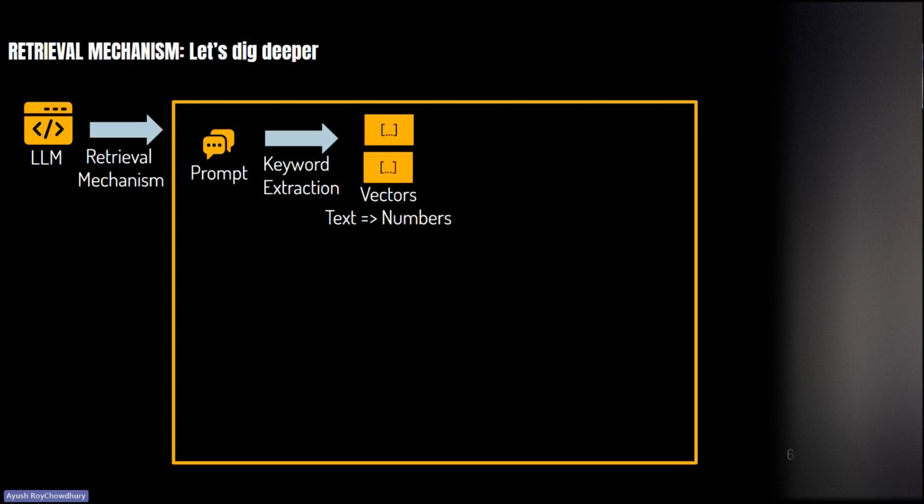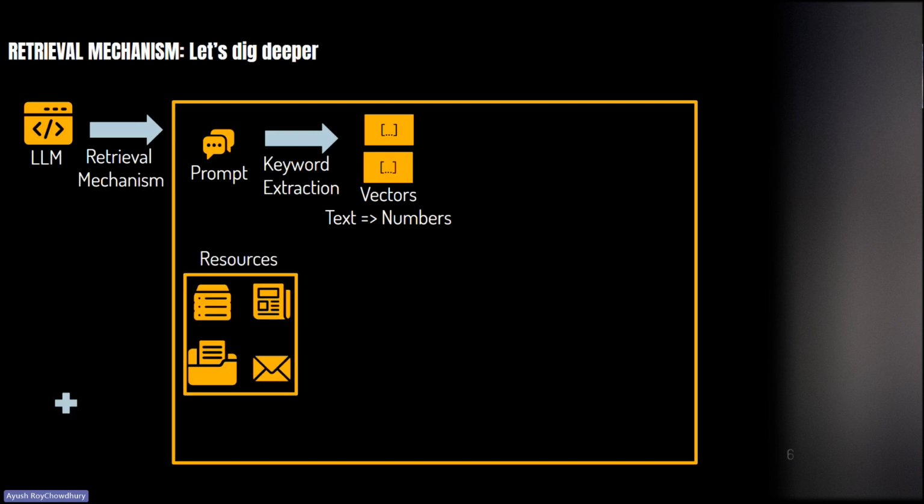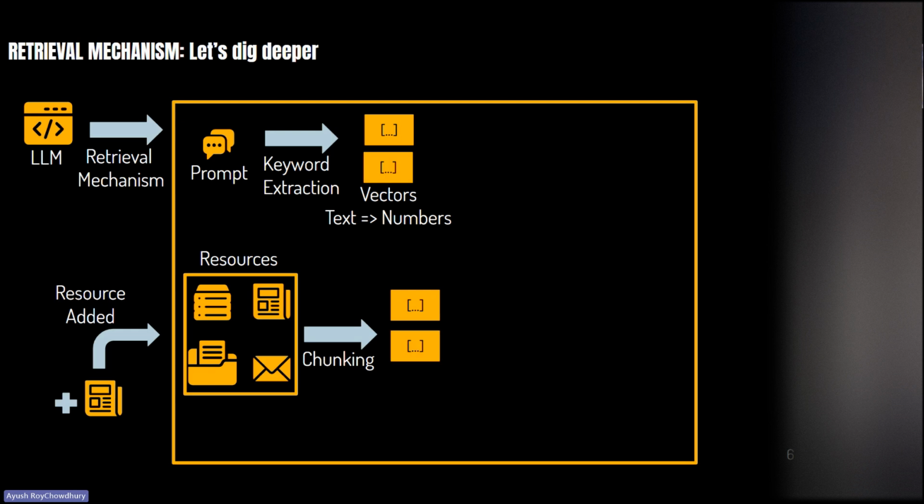What these vectors are is text converted into numbers, so that whenever some type of resource is added, it goes through a process of chunking, which is similar to the keyword extraction in that it makes vectors, which again are stored in a vector database, which is a conversion from text to numbers. And the reason for converting from text to numbers is that it is an easier lookup, similar to how you would look up something in a library catalog.